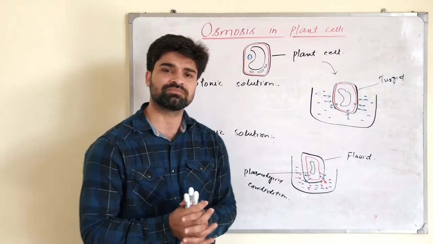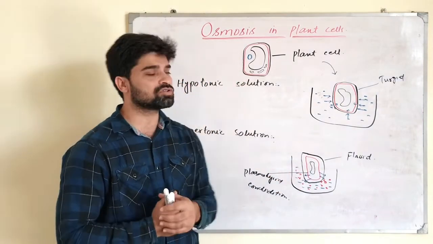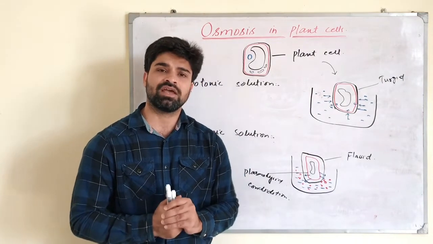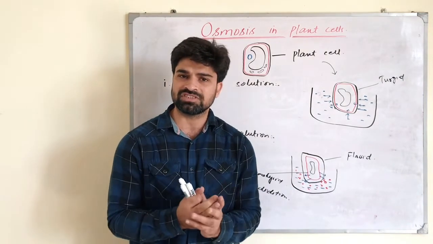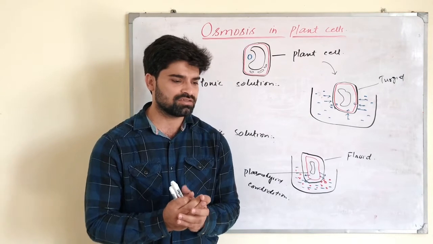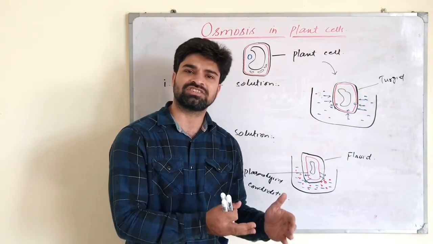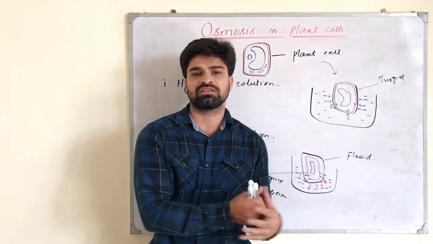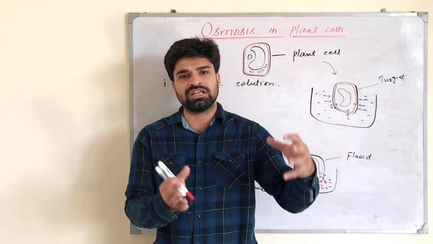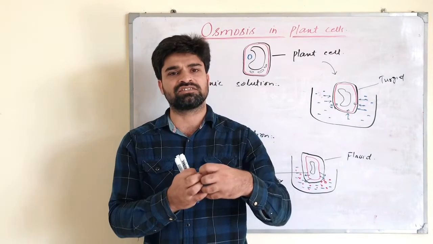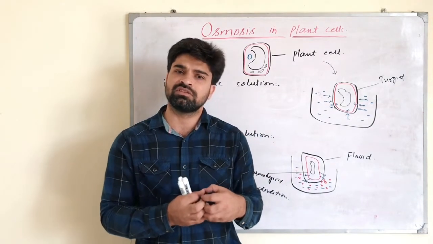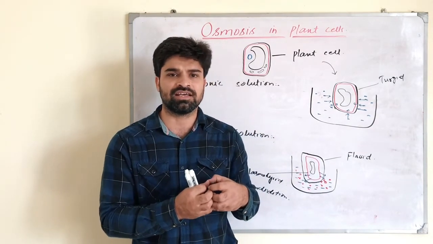My dear students, this was all about osmosis in plant cells. Osmosis basically is a mechanism through which water moves from one cell to another. That means the neighboring or adjacent cells share water with a mechanism called osmosis.